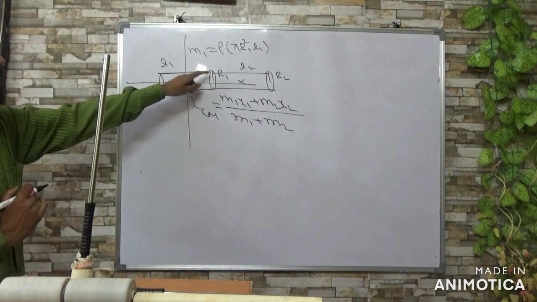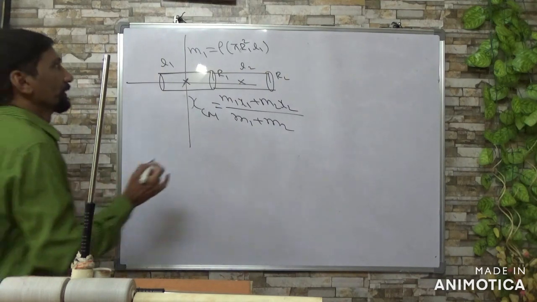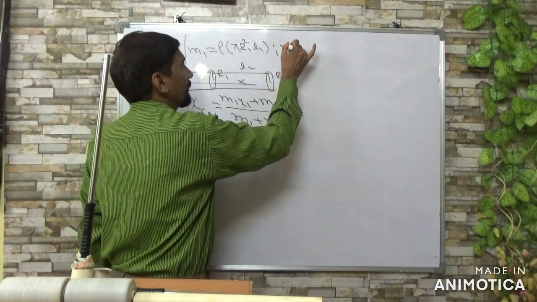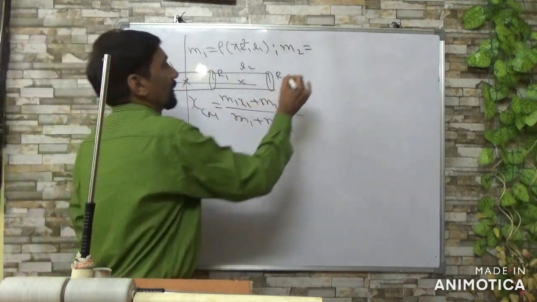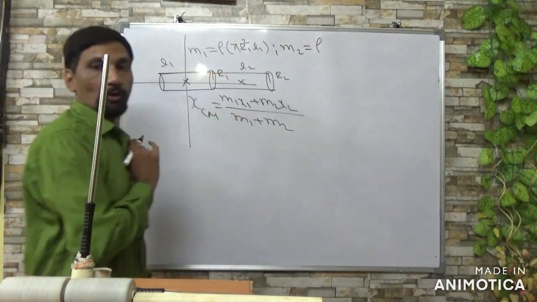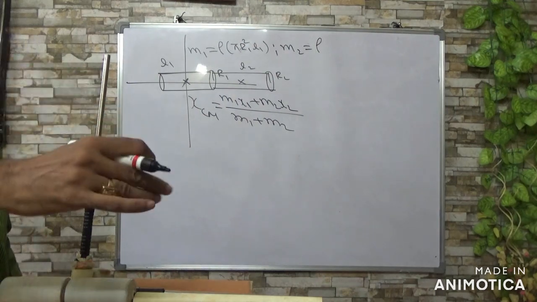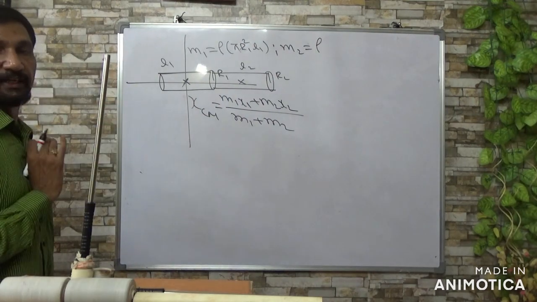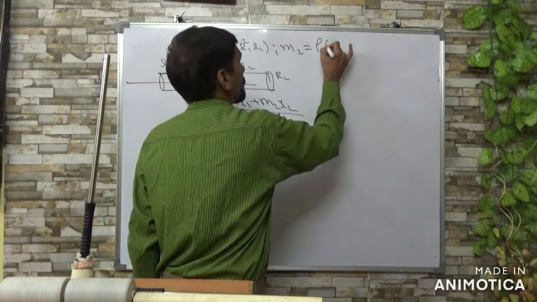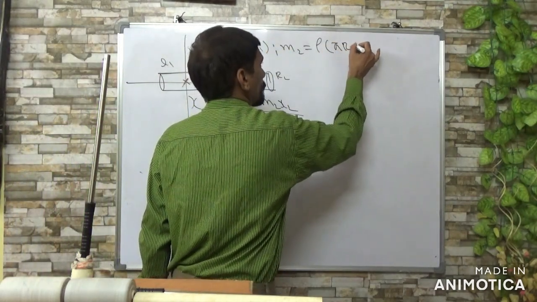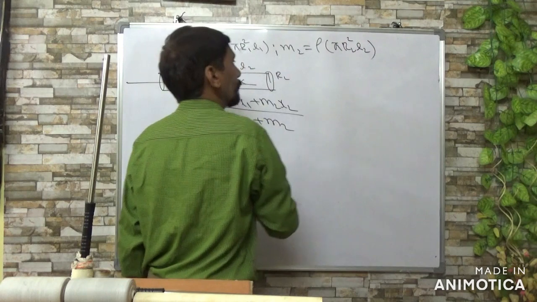Next, the second one, M2. Same material, so rho. Let us suppose both have the same density, same material. Rho into volume, pi r2 square L2.